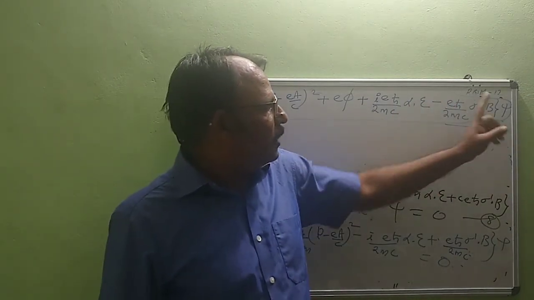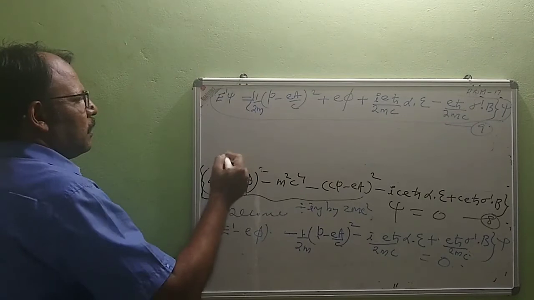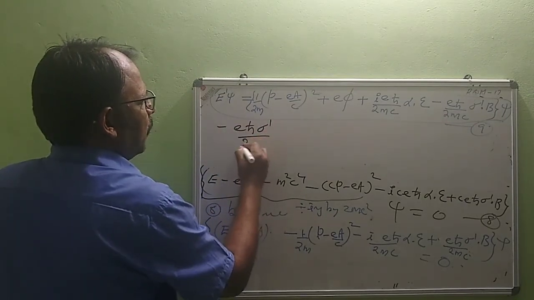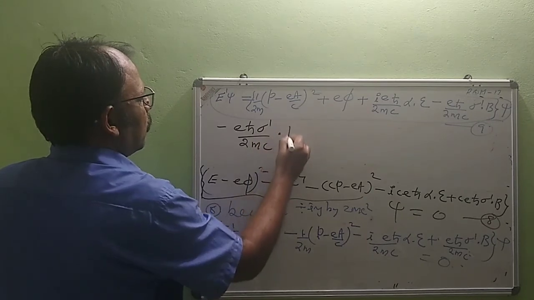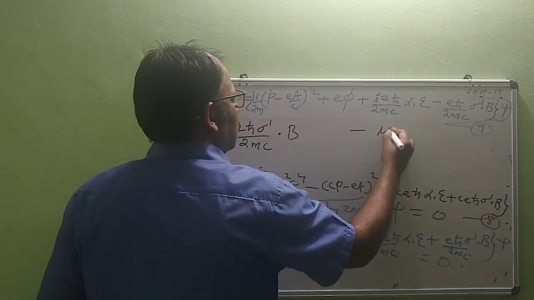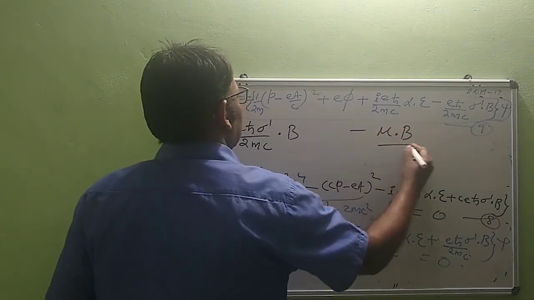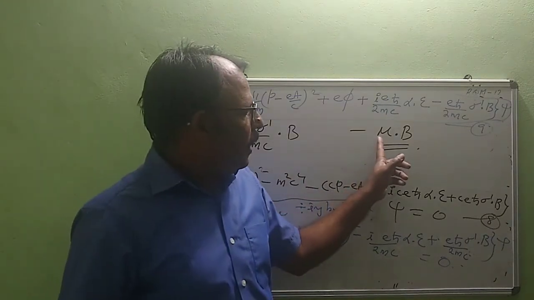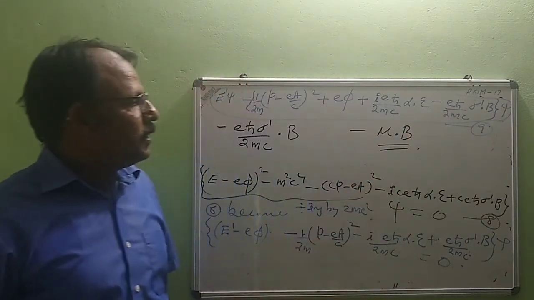Here, the term involving the magnetic field is minus e h bar sigma prime by 2mc dot B. This term is equivalent to minus mu dot B, the energy term which is due to the interaction of a magnetic dipole with the magnetic field.